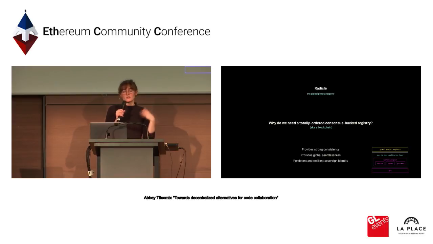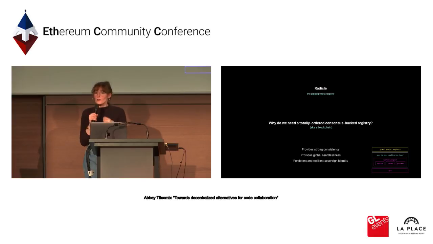It introduces discoverability and canonicity in a way that's necessary for code collaboration, because we need to have these open borders. We need to have these ways of accessing other people's code and other people's projects. And so this global seamlessness layer is really important, but it also gives us the ability to verify at a global level. And so third, which I'm going to focus on, is this concept of persistent and resilient sovereign identity.